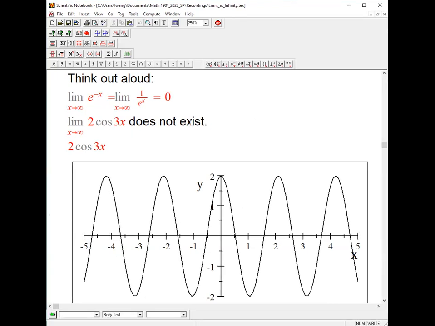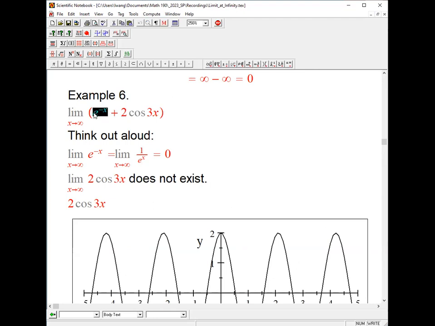The only thing you can think of is that this quantity is approaching 0, but this number is always uncertain. So when we take a limit of the sum of a number approaching 0 plus a number that is always oscillating, that would be does not exist. That's how you would think about it.